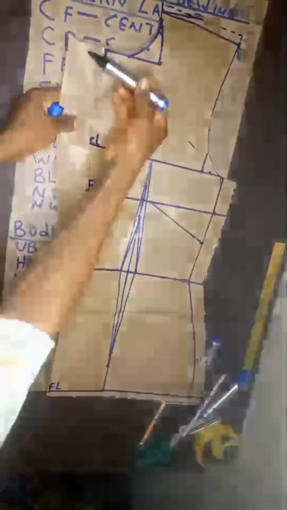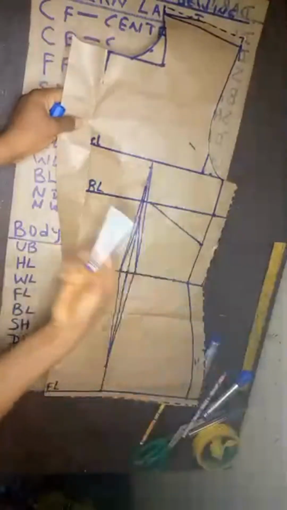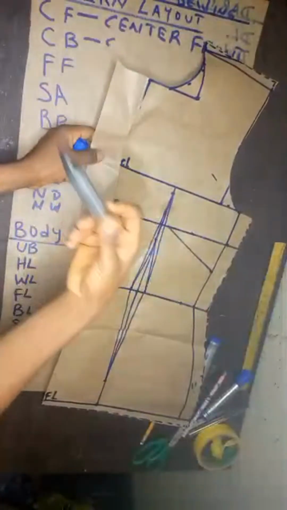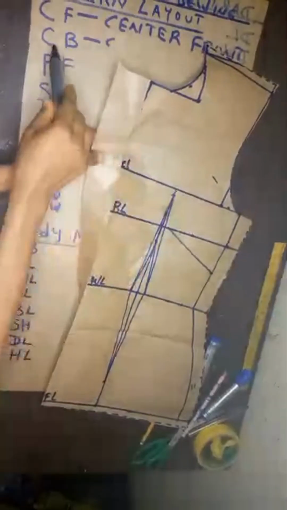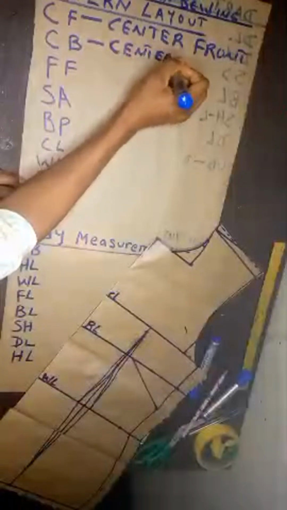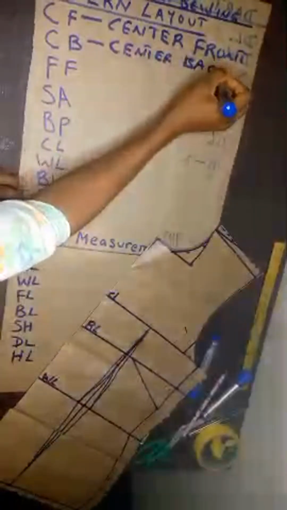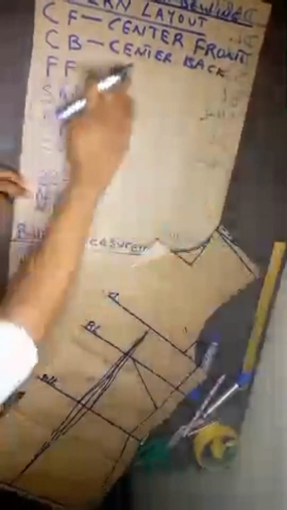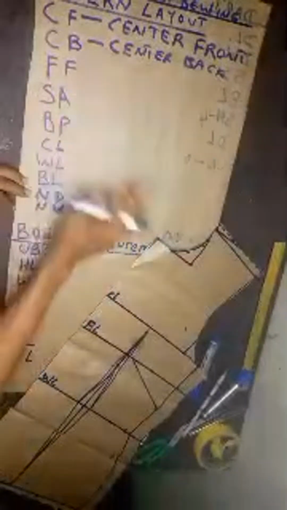Even though the back bodice may not have zipper allowance, once you see CB anywhere on any pattern, in order for you to easily read the pattern, just know that they are referring to center back. So I'm going to go ahead and write this: center back.